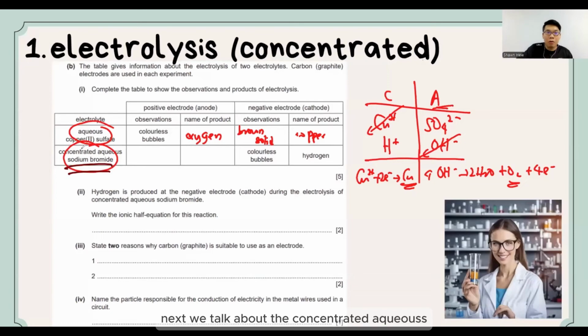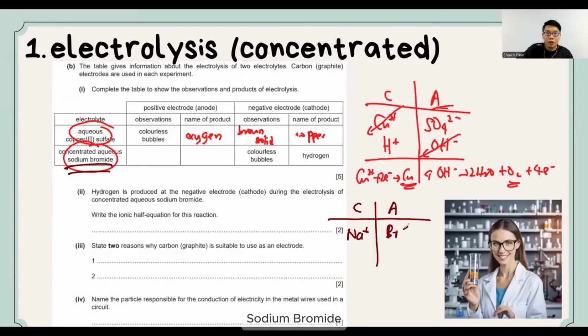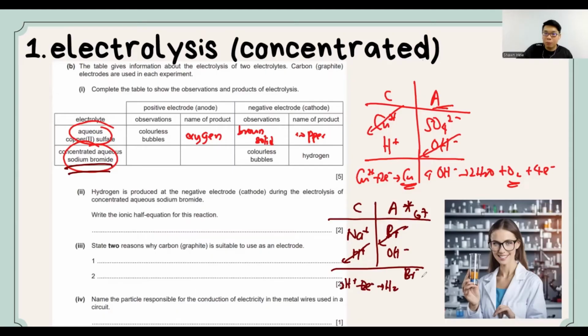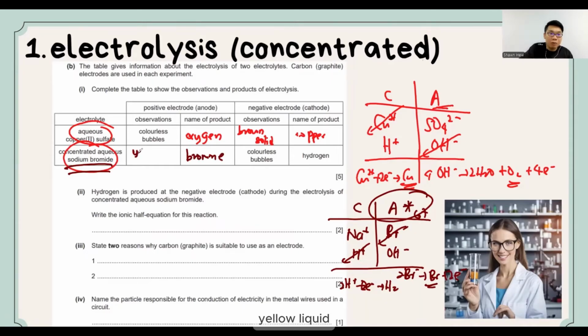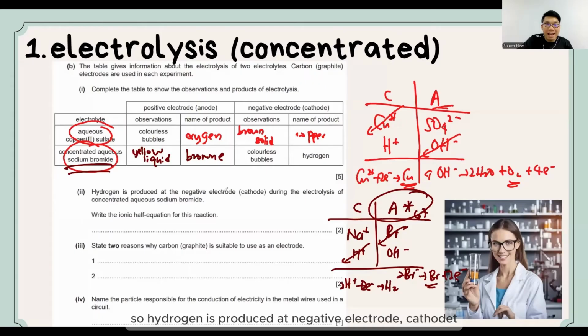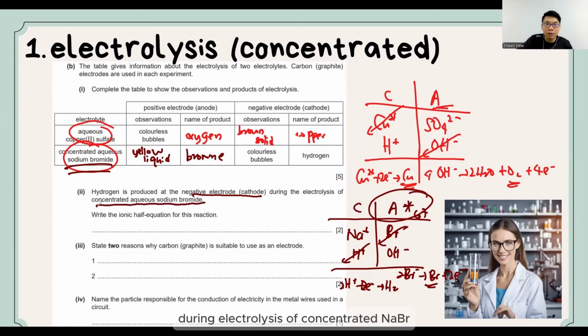Next, we talk about the concentrated aqueous sodium bromide. Concentrated situation affects the group 7. So the positive anode here will form bromine, a yellow liquid. So hydrogen is produced at negative electrode cathode during electrolysis of concentrated NaBr.